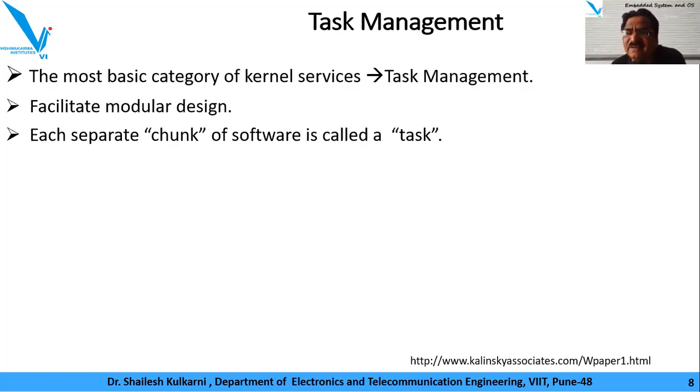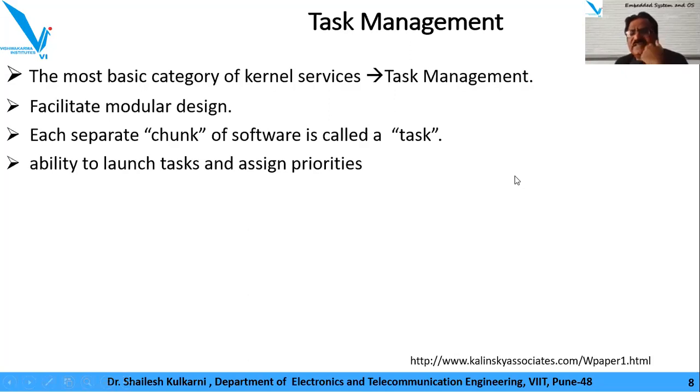Likewise, a task can be defined as each separate chunk of software that we refer to as a task in the literature of real-time operating systems. So the ability to launch a task and assign priority is a subpart of the functionality of task management.